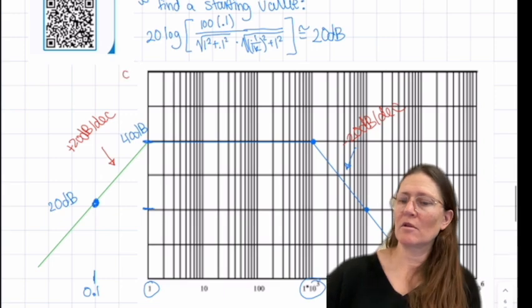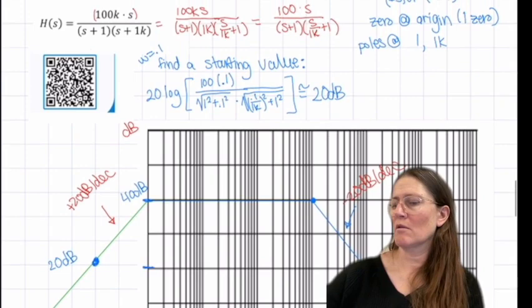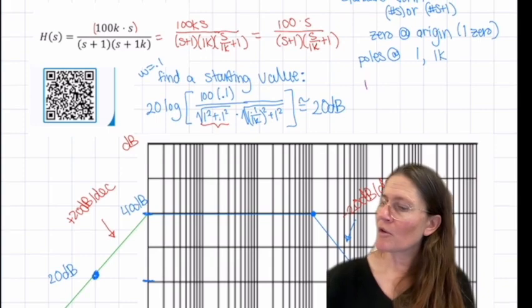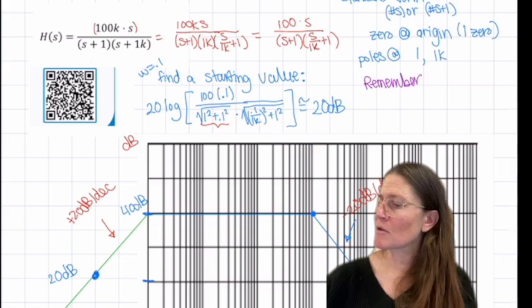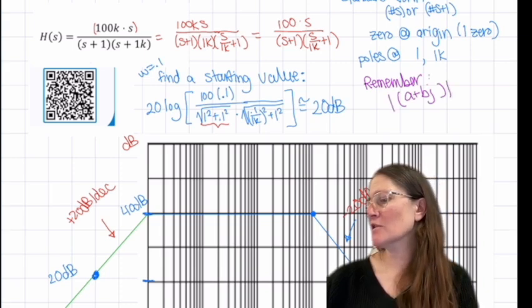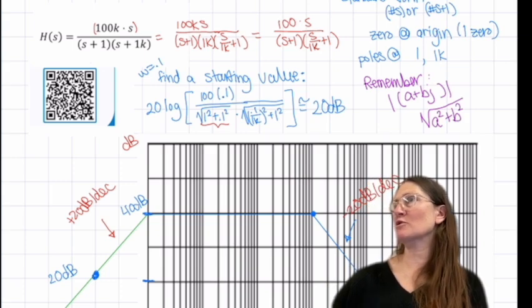I was just wondering where the denominator came from. How did you get this? Is that your question? Okay, the whole denominator there. So remember, use your H(s). When you take the magnitude of a complex number, the magnitude is the real portion squared plus the imaginary portion squared, square rooted.